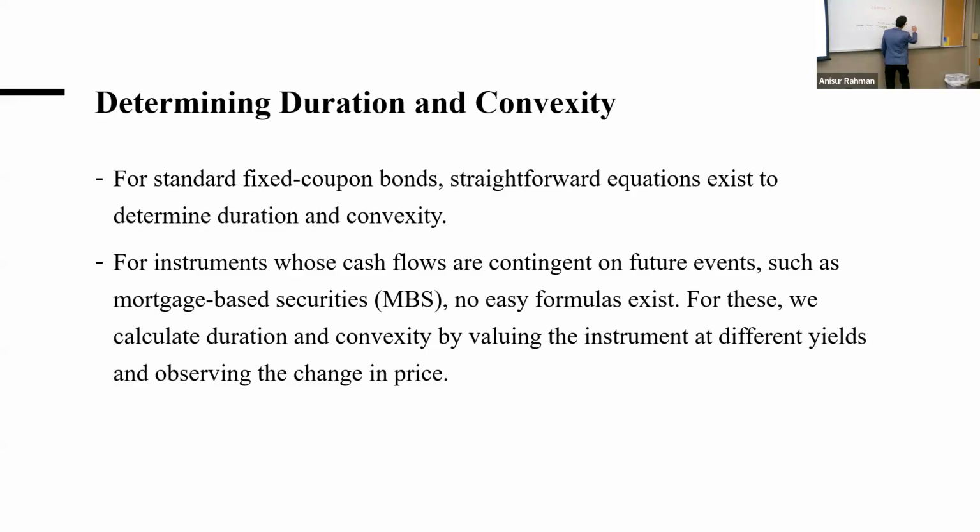Now, there is also another kind of bank. These are individual mortgages, right? And there are many homeowners, and there are many banks. Every homeowner has a different risk profile.